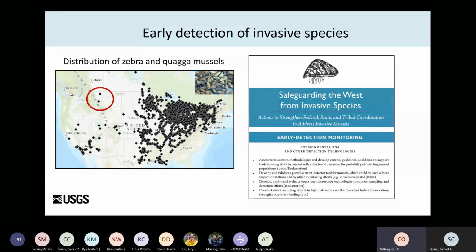Recent detections in Montana waters and interception of infested boats highlight the need for measures to prevent and contain the spread. And this is recognized in the document Safeguarding the West. In this document, eDNA is recognized as one of the actions for early detection monitoring.